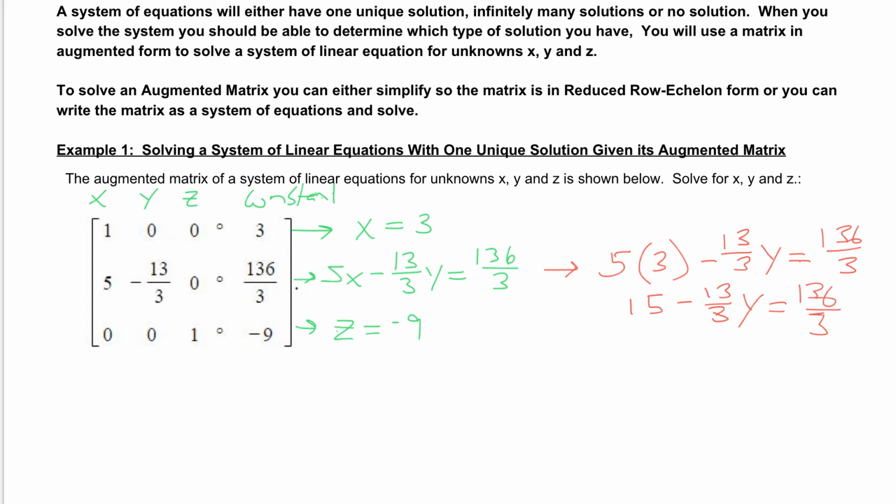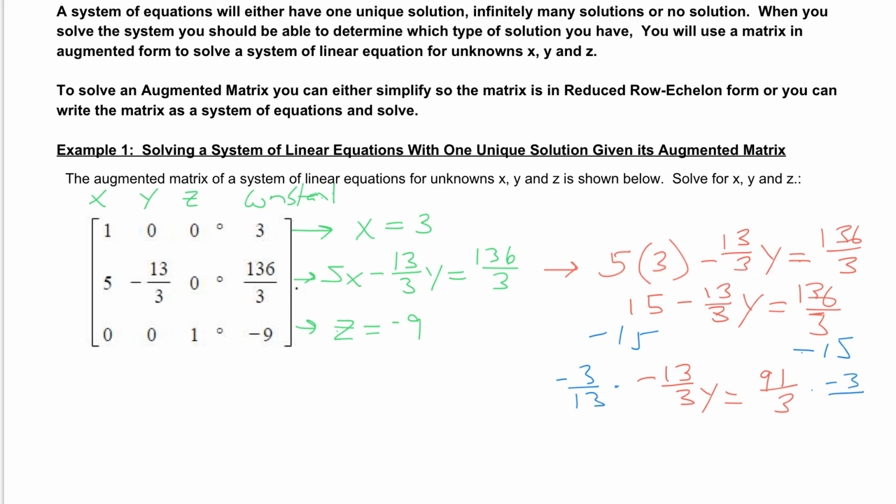Then what we have to do is subtract 15 from both sides. So if I subtract 15 from both sides, I end up with negative 13 over 3 y equal to 91 over 3. And my last step is to multiply by the reciprocal, so I'm going to multiply by negative 3 over 13 on both sides.